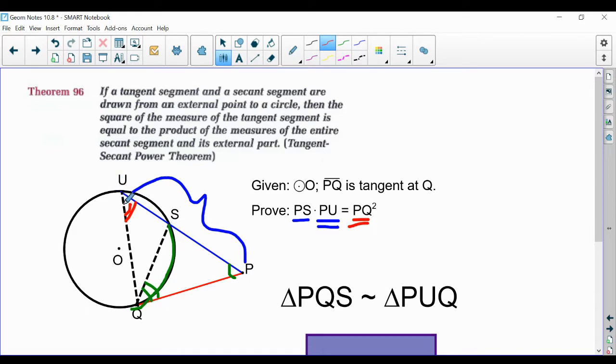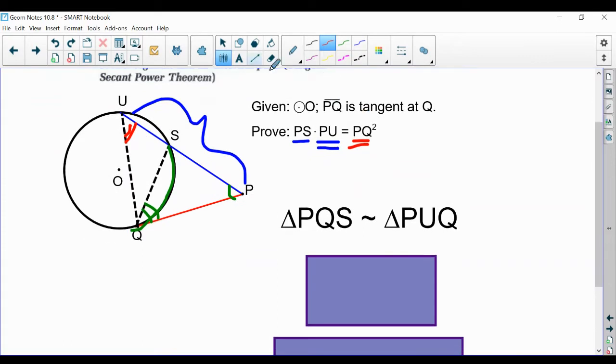So since angle U and angle SQP are both half of the same arc, they have to be congruent to each other. So by angle, triangle PQS, that's this one here, is similar to triangle PUQ. That's this one here.